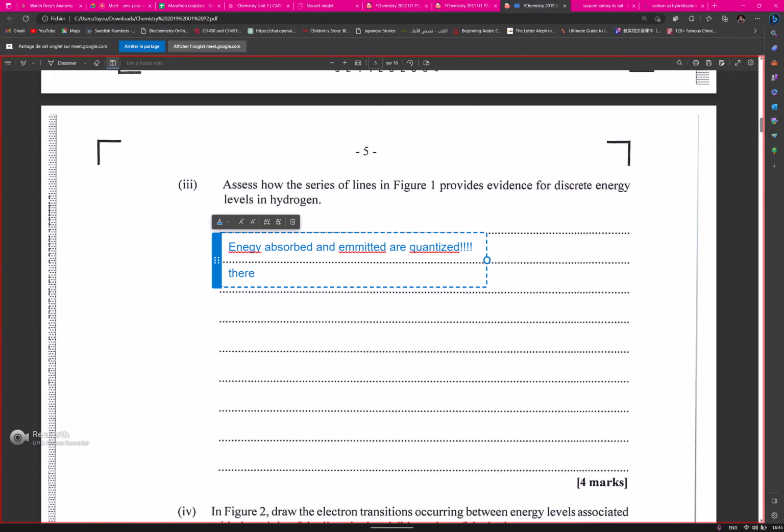I'm not sure if I'm explaining it right. The different wavelengths correspond to the different energy levels. Somebody else add?